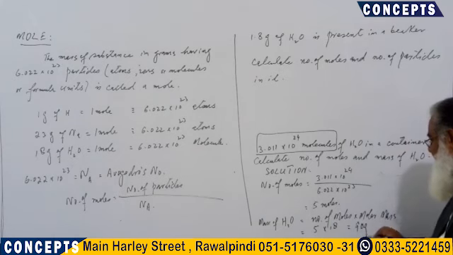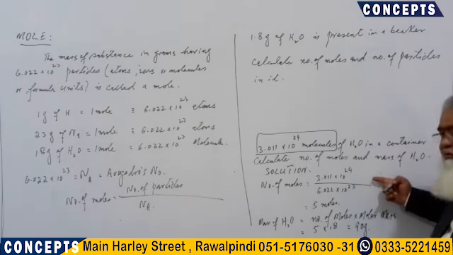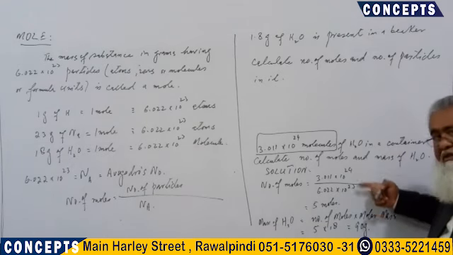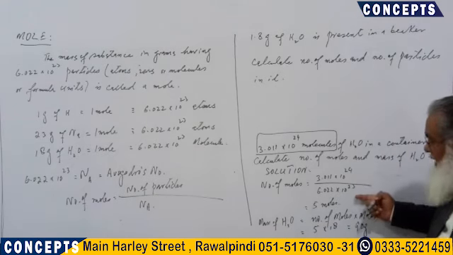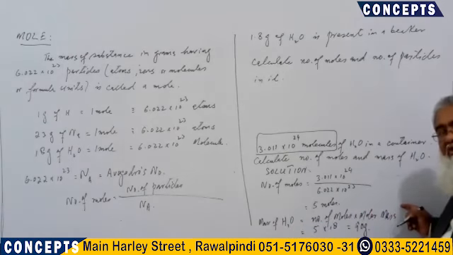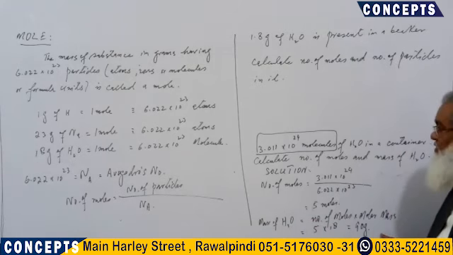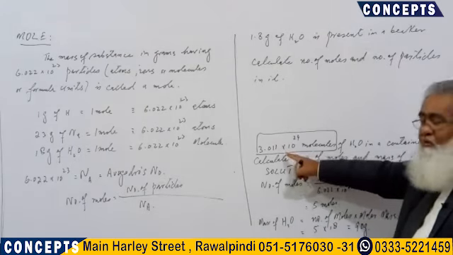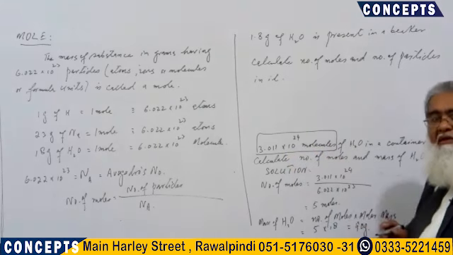Answer comes 90 grams. Now, how can we find number of moles? Number of particles divided by Avogadro's number. And how can we find the mass of the substance? Number of moles into molar mass. We have obtained the mass of water containing 3.011 × 10^24 molecules of water.